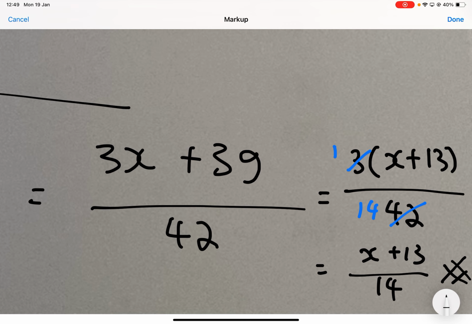From here, if you don't factorize also can. You can see here divide by 3, here divide by 3, here divide by 3. Then you can all divide by 3 at the same time. Okay? Don't understand where? The whole thing?